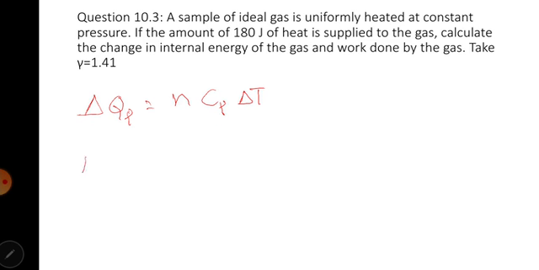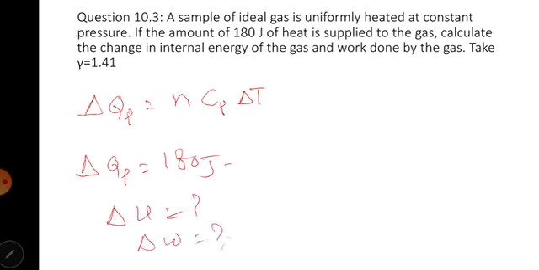Del Qp is equal to 180 joule at constant pressure. Calculate the change in internal energy of the gas and the work done. Change in internal energy and del W is the question.